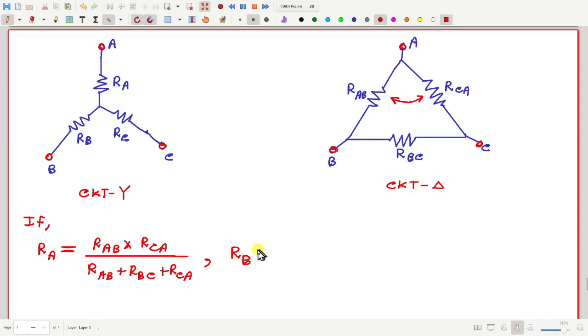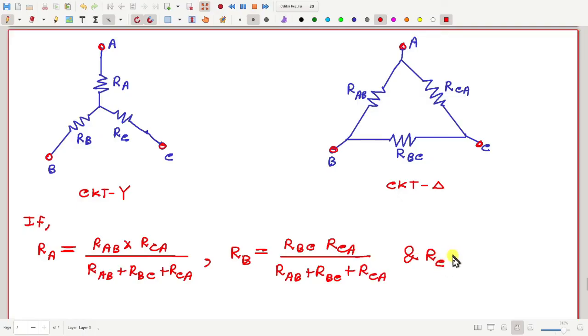Okay, and also if RB is equal to, in a symmetric manner, RBC multiplied by RAB divided by RAB plus RBC plus RCA. And can you guess what I am going to write? RC.